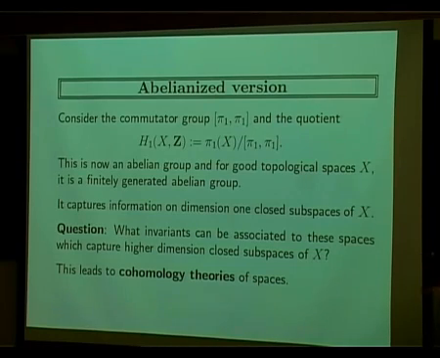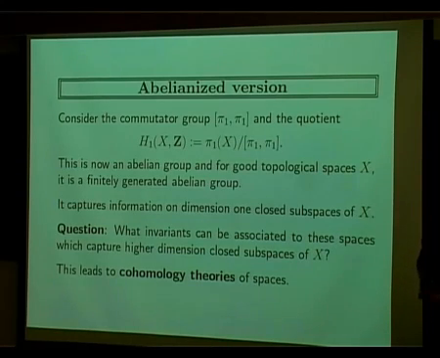You can imagine that if you take some higher dimensional closed subspaces, you should be able to attach certain groups corresponding to that data. So instead of one dimensional loops, I should look at some closed spaces, something like surfaces inside your bigger topological spaces, and they have to be closed. If you look at some equivalence on the collection of all such surfaces, that should correspond to a certain group, and that should also be something computable, that means tractable. So this leads to cohomology theories.